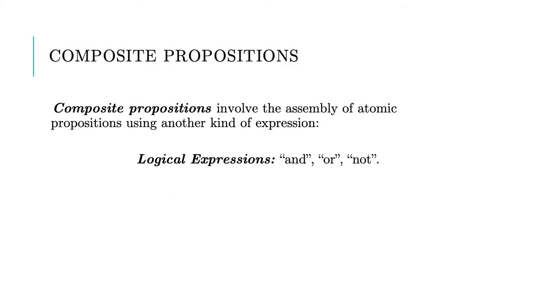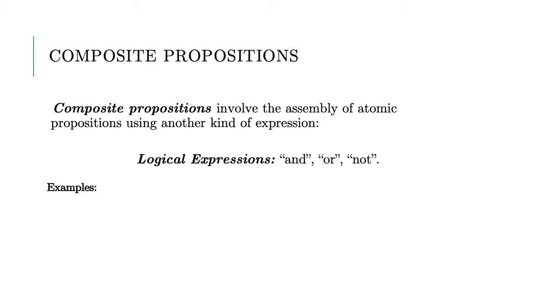Composite propositions involve the assembly of atomic propositions using another kind of expression, logical expressions, such as and, or, and not. These three in particular will be the three logical expressions that we will equip ourselves with during this foray into propositional logic.